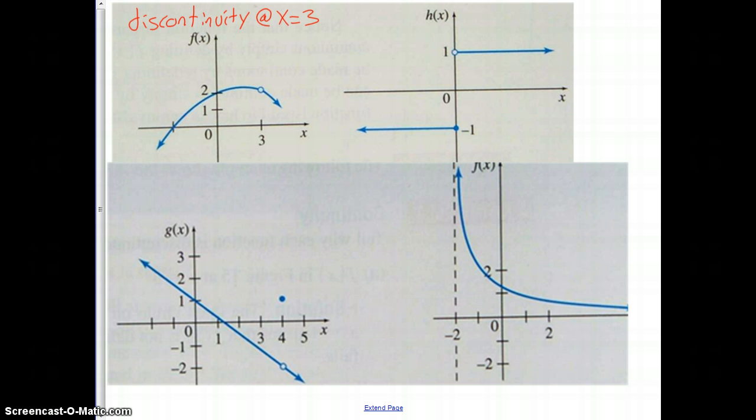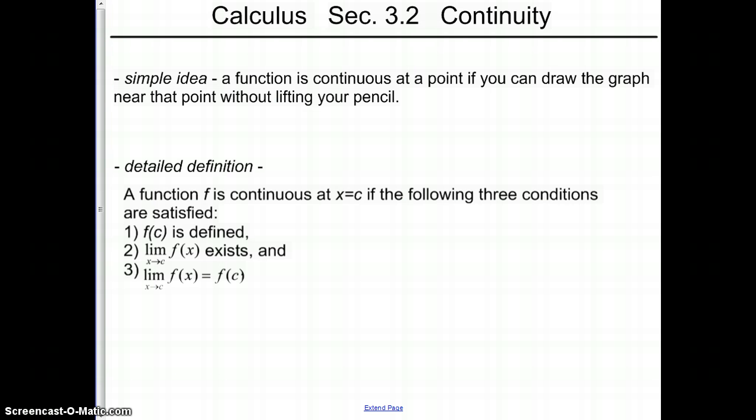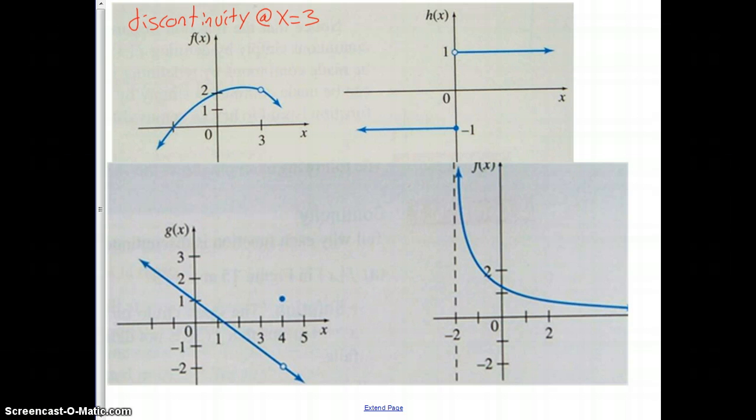We have that hole in the graph, and remember those three things. You've got to meet all three of these things. The first one, for a function to be continuous, the function has to be defined at that x value. F of 3 does not exist. There's a hole in the graph there, so the function is not defined, so it's not a continuous function.